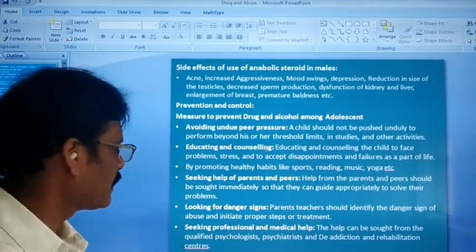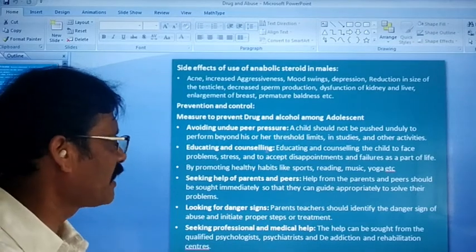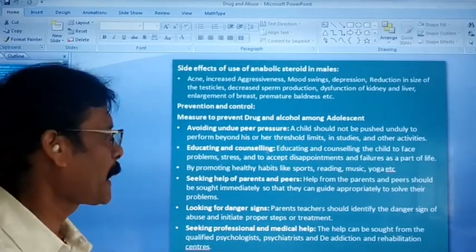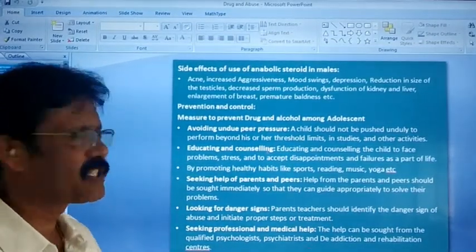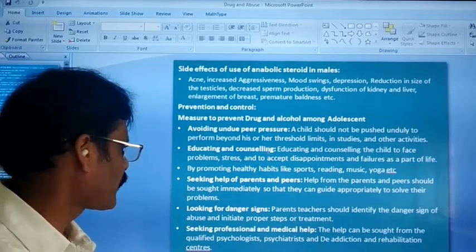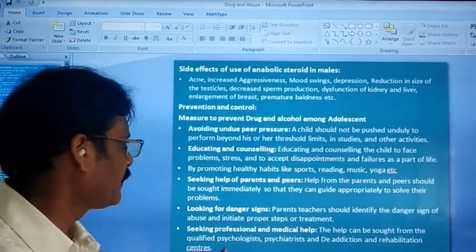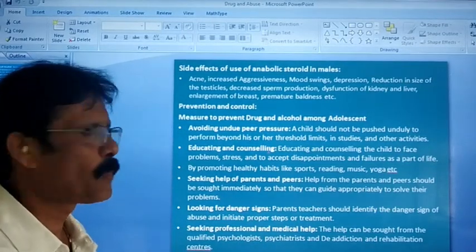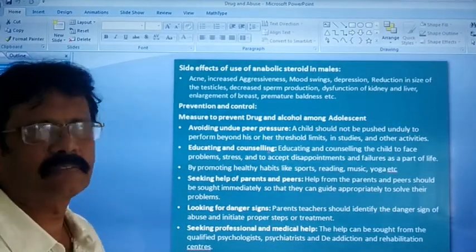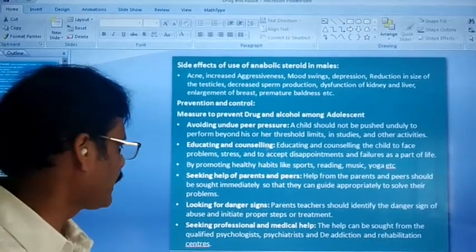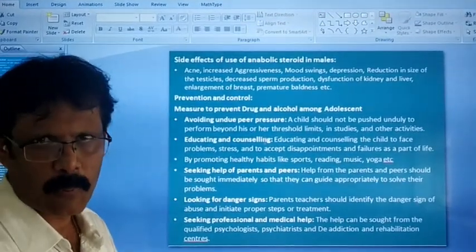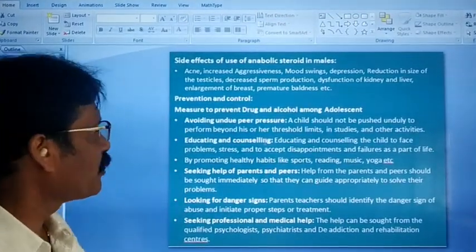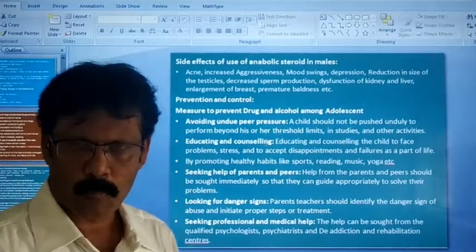Last point is seeking professional and medical help, from a qualified psychologist, psychiatrist, and de-addiction and rehabilitation center. So these are the preventive measures of drug and alcohol abuse.